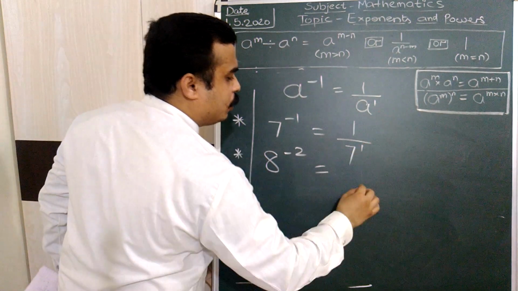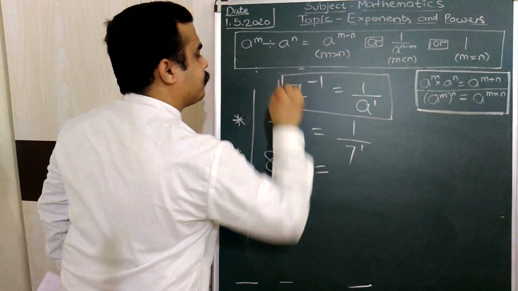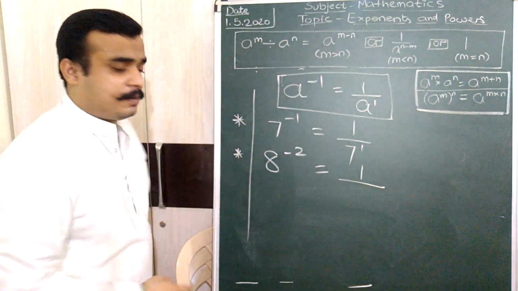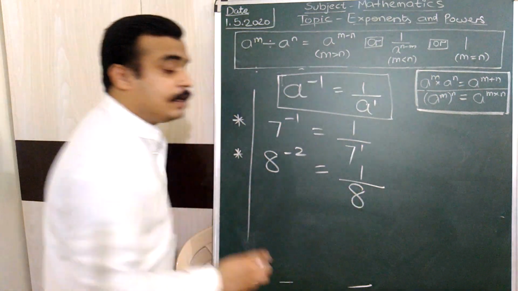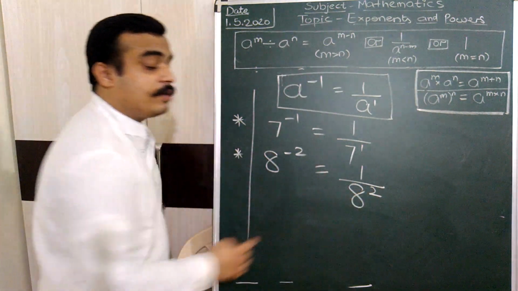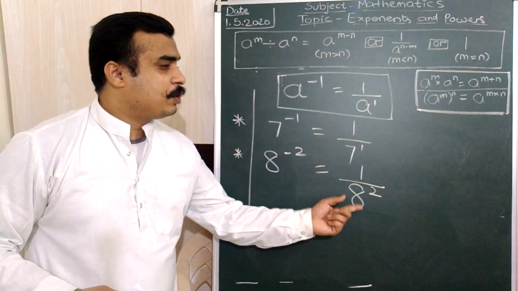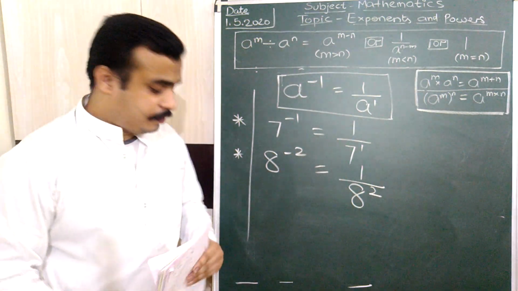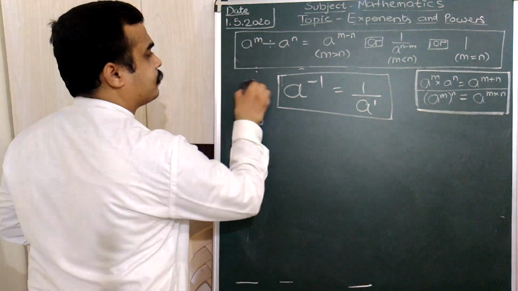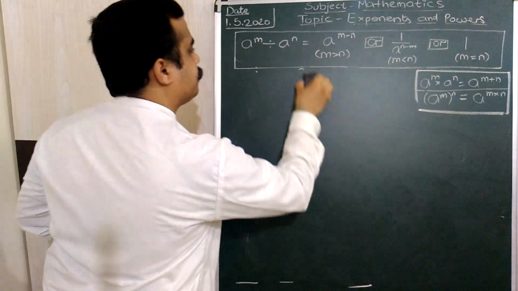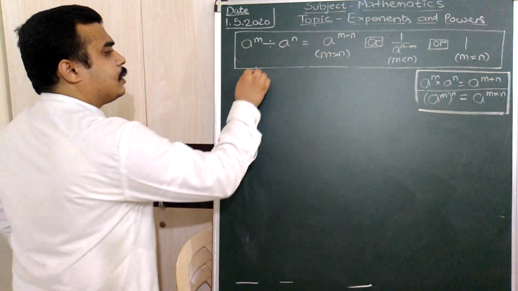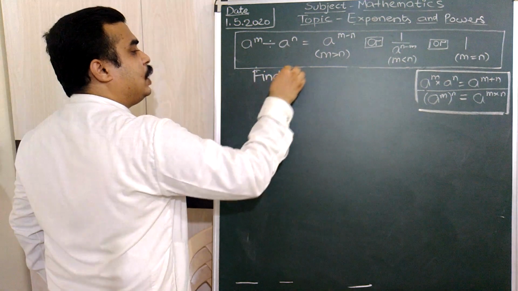According to the rule we can write it as 1 upon 8 raised to the power 2. Here we have minus 2, now we have plus 2. Just we have to use this rule. Now we will see the next question, that is find the value of x.